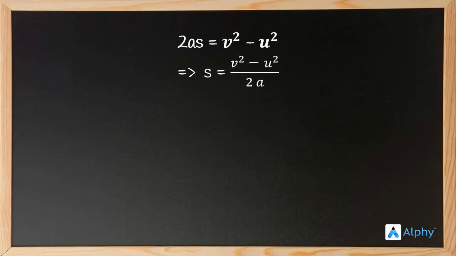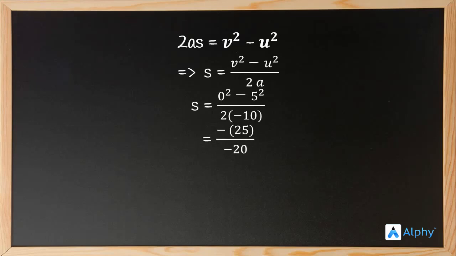So on manipulation I have s equal to 0 square minus 5 square divided by 2 into minus 10. Here on the numerator it says minus 5 square, correct? Do not calculate that as plus 25 and write the numerator as a positive. Let me tell you again.